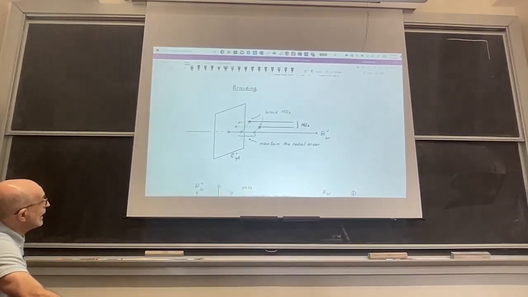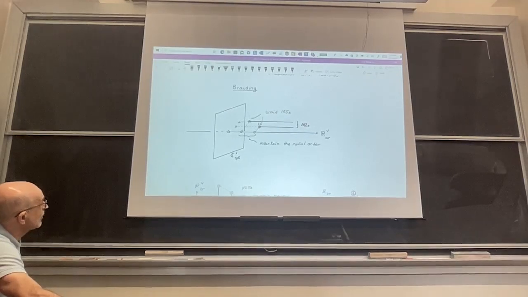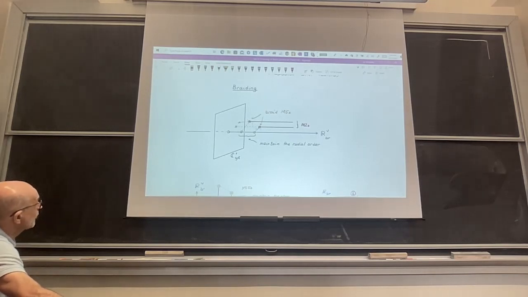If these two project to the same point, then there would be a special thing: a piece of pink M2 will be between these two points. So they have to stay away from each other in the projection.